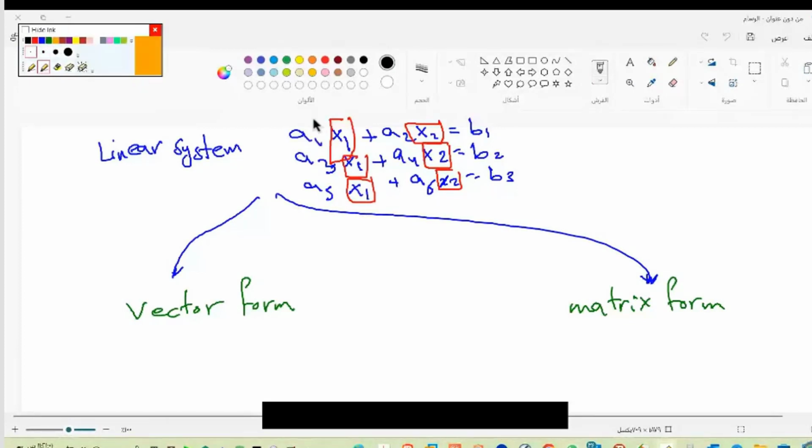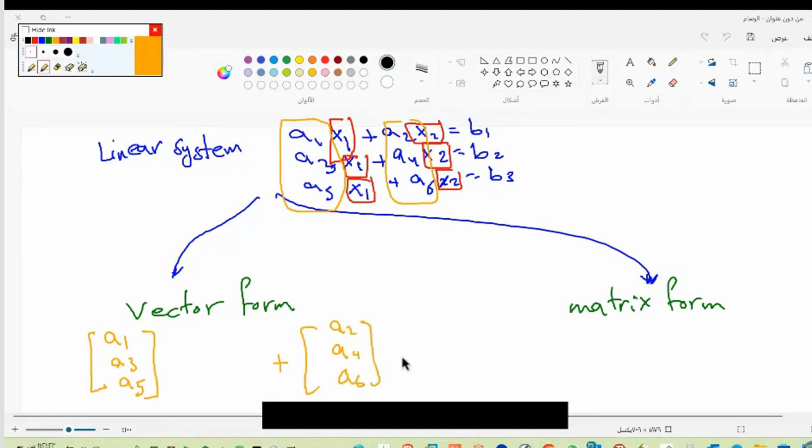I will take those as a vector a1, a3, a5, plus this one as a vector a2, a4, a6, equal this one b1, b2, b3.